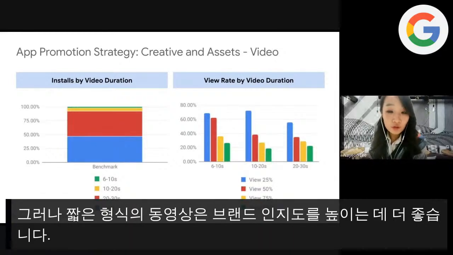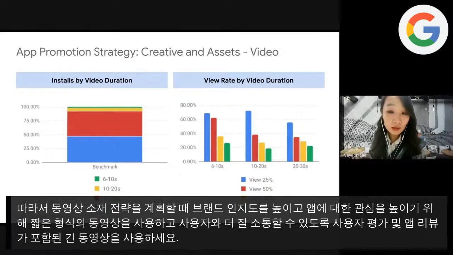However, short form videos are better at improving brand awareness. So when you plan for the video asset creative strategy, please use short form videos to improve your brand awareness and increase the interest for the app. And please use longer videos with testimonials and app reviews to engage better with the users.